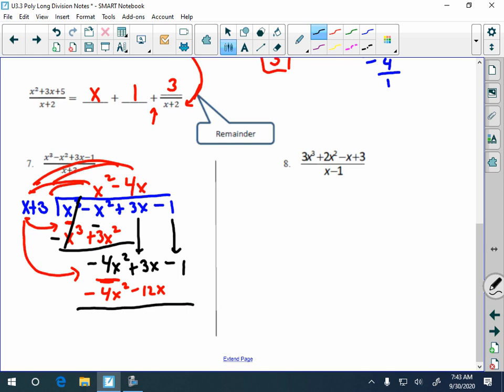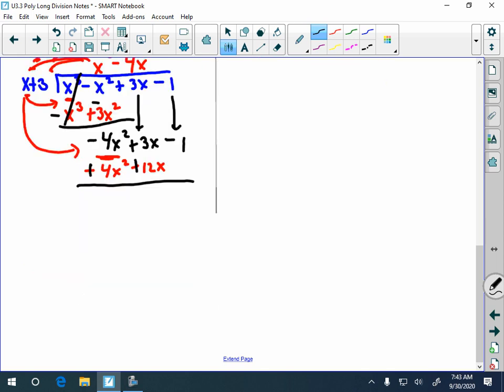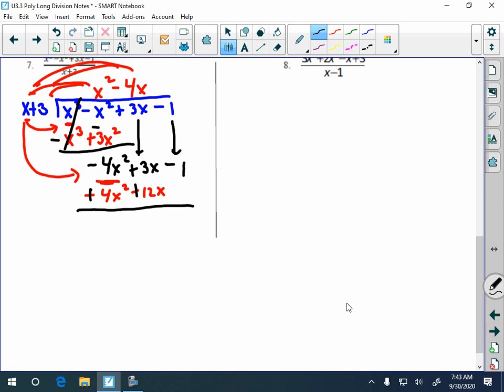We'll draw our line, change both signs to their opposites. We'll add down. 4x squares cancel. 3x plus 12x is 15x. Bring down that minus 1. We'll do this one more time. So x times what is 15x?